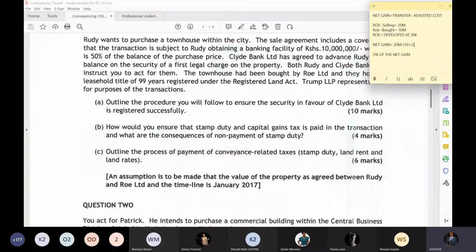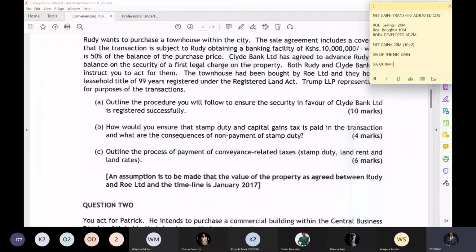So how do you calculate the capital gains tax? 5% of 8 million. Then you get your answer. That's the CGT, capital gains tax. That's how you calculate the CGT. Any questions on that?